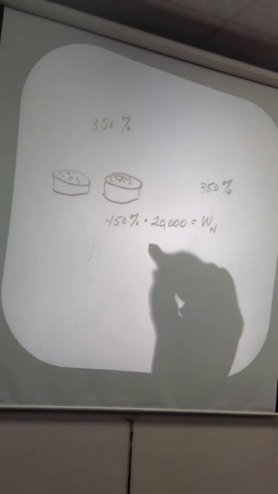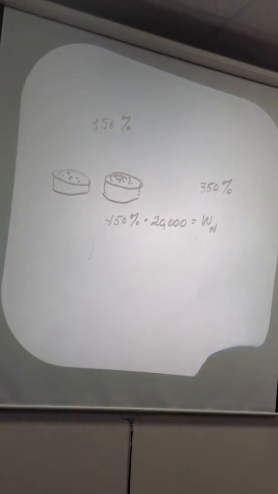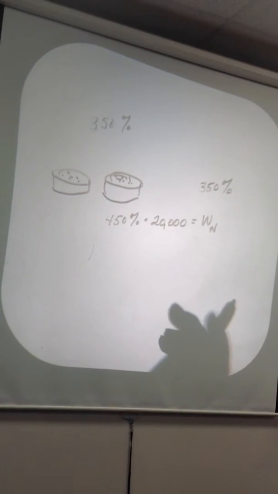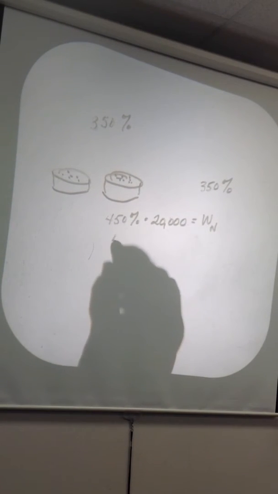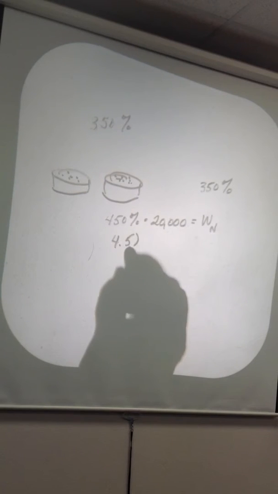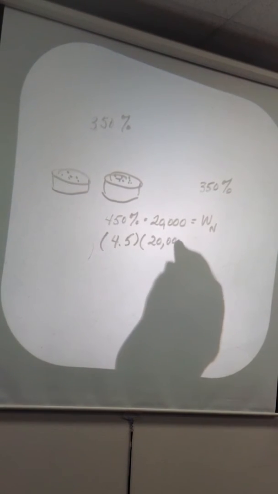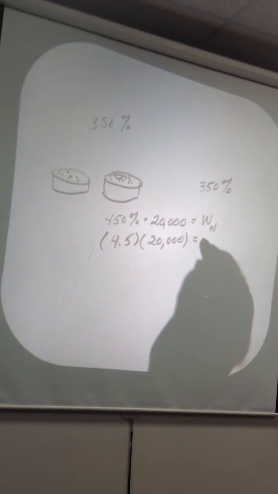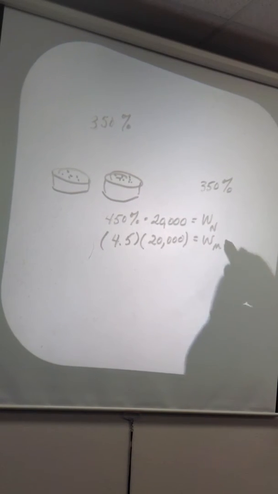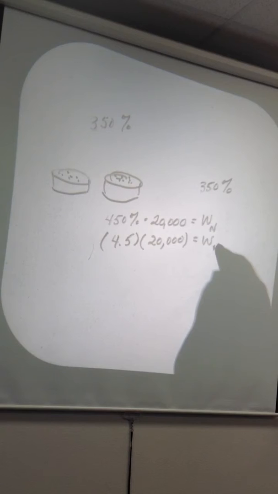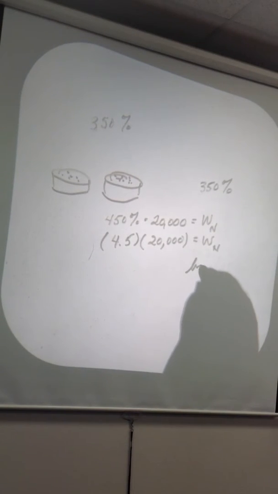But what would we do to solve this problem? Emma, what would you do? Make 450% 4.5. That's right, you'd go 4.5 here, and you would multiply it by 20,000. And that would tell you how many bacteria you've got. So you're going to get this number, and the label would be bacteria.